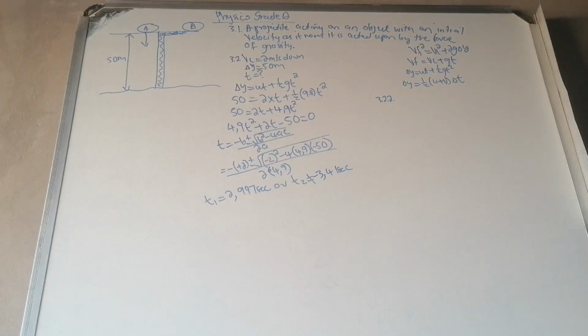So I'm looking for the initial velocity of stone B. How am I going to find it? No, in 3.2.2, they want the time taken by stone B to hit the water.